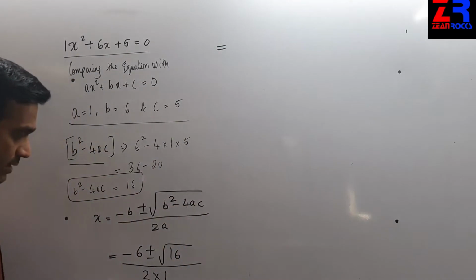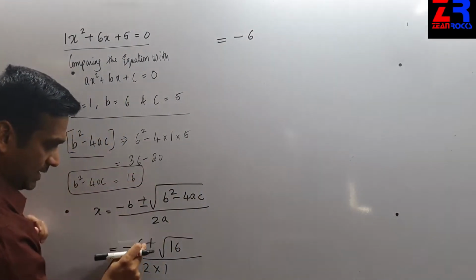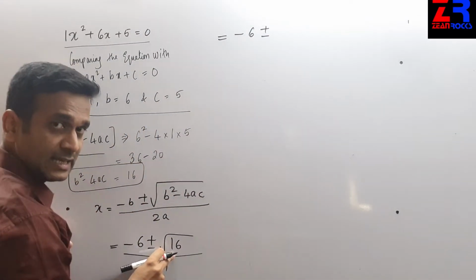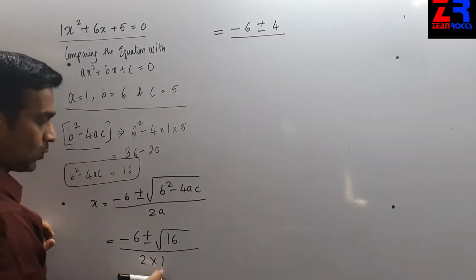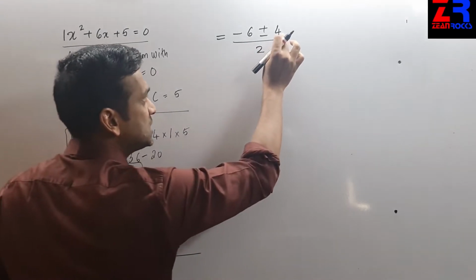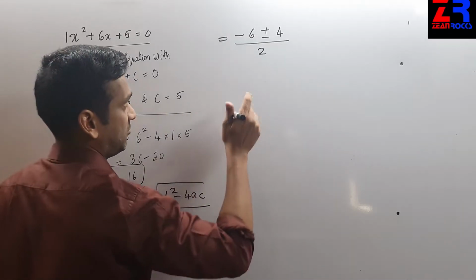Next step, minus 6 plus minus root of 16 is 4 upon 2 ones is 2. So here if this 4 is plus and minus, I will get two values of 4.